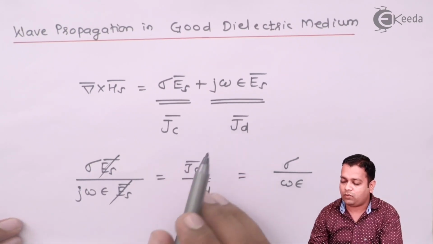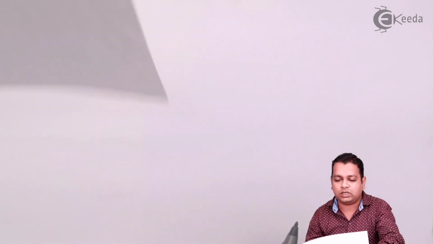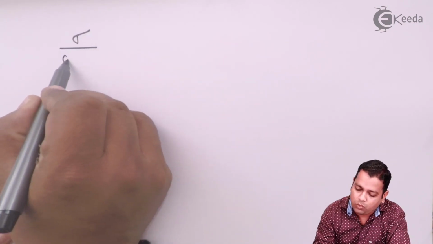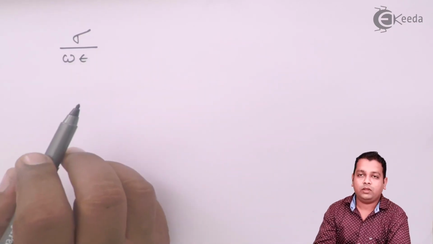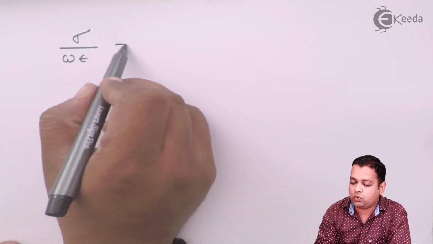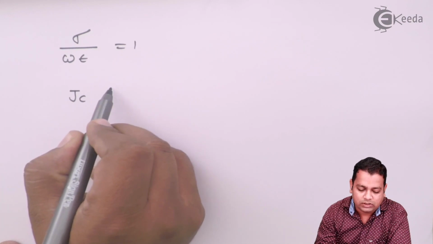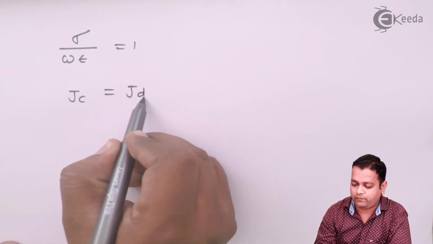So the real part divided by the imaginary part gives us the ratio sigma divided by omega epsilon. Now if this ratio holds the value 1, we shall say that J C is equal to J D.